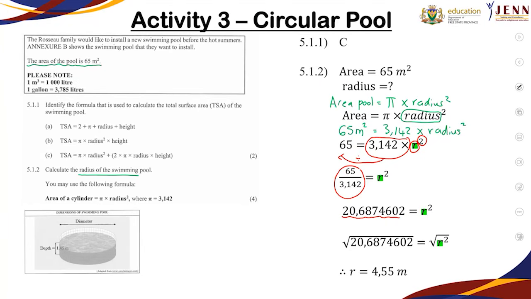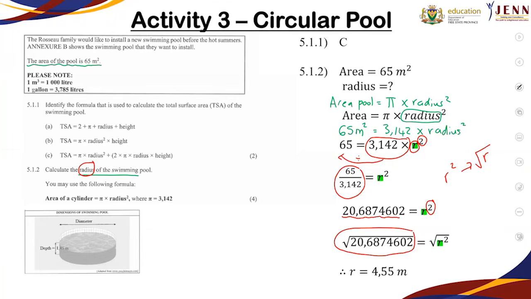What is left over is r squared. So I solve 65 divided by 3,142. It gives me 20,687,4602. What is left over equals r squared. But remember, they didn't ask us for radius squared. They asked us for only radius. So then my problem is the squared. How do I get rid of the squared? What is the opposite of the square?